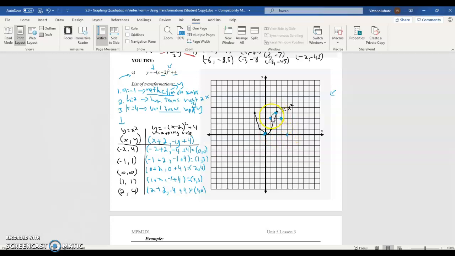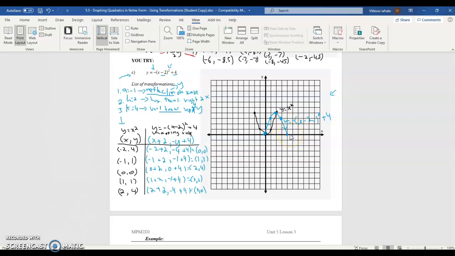And then we can connect our dots. And then we can label this as y is equal to negative x minus 2 squared plus 4. And of course you could always extend down.